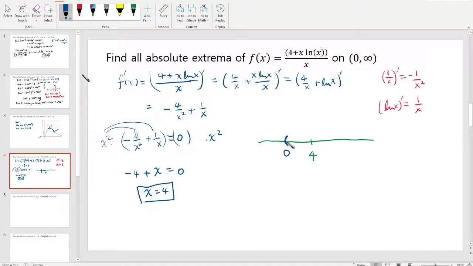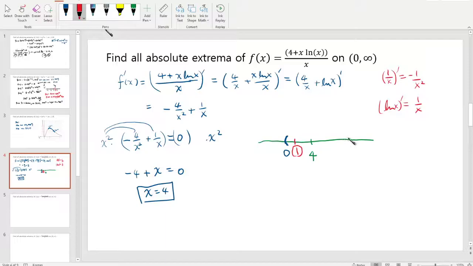And the interval 0 to infinity is now broken into two intervals by this critical number, right? And once you put the critical numbers on the number line and figure out how many intervals it divides, then for each interval piece, what you need to do is to pick a test value.